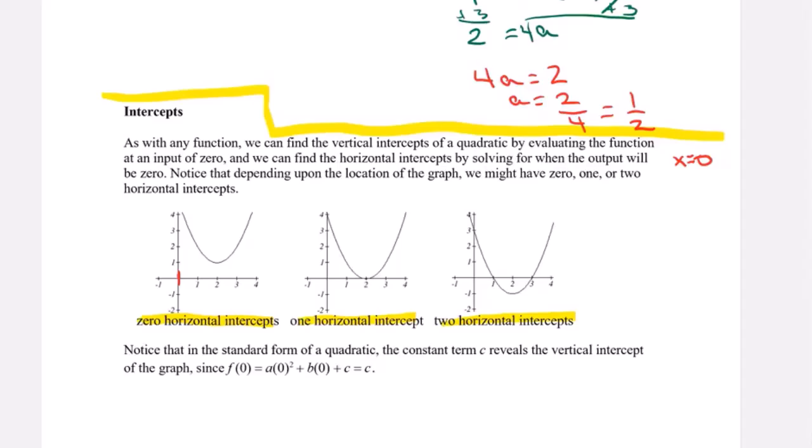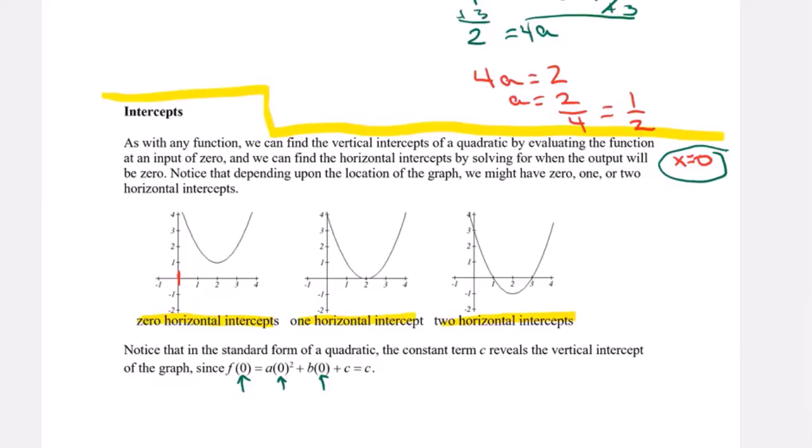Well, notice that in the standard form of a quadratic, the constant term c reveals the vertical intercept of the graph. So what we're saying here is, since we know x equals 0, we plug in 0 for x. And what do we find out?